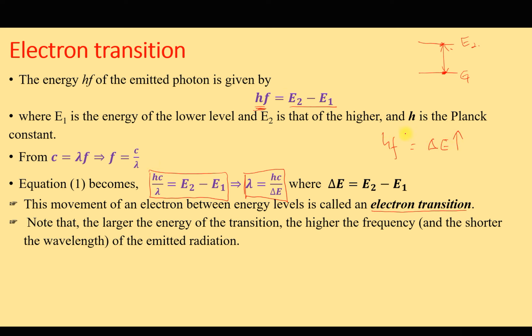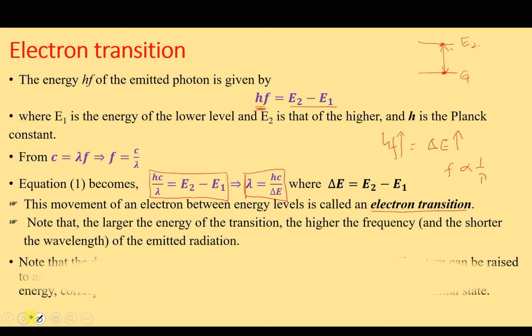So the higher the energy of the transition, the higher the frequency of the photon, either absorbed or emitted. That is because frequency is inversely proportional to wavelength. It means the higher the frequency, the shorter the wavelength of the emitted radiation.